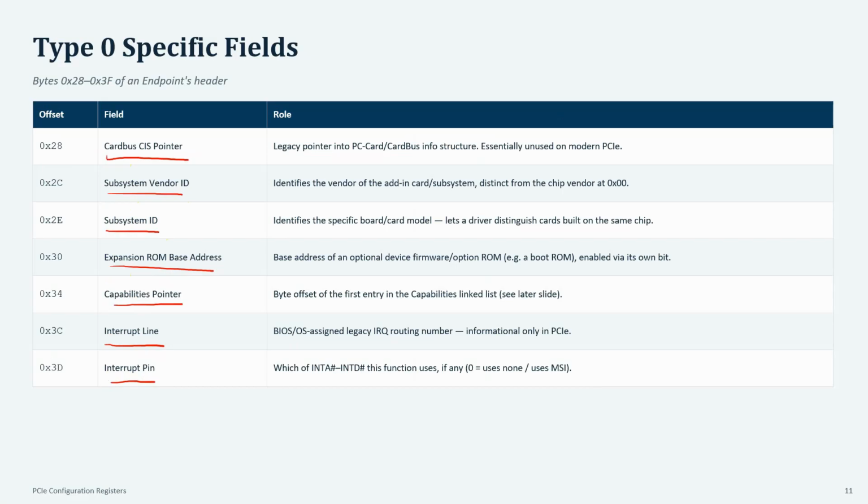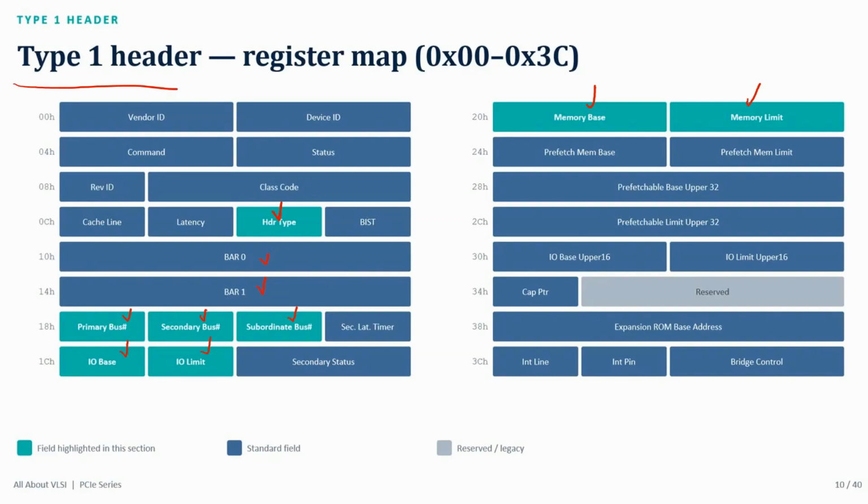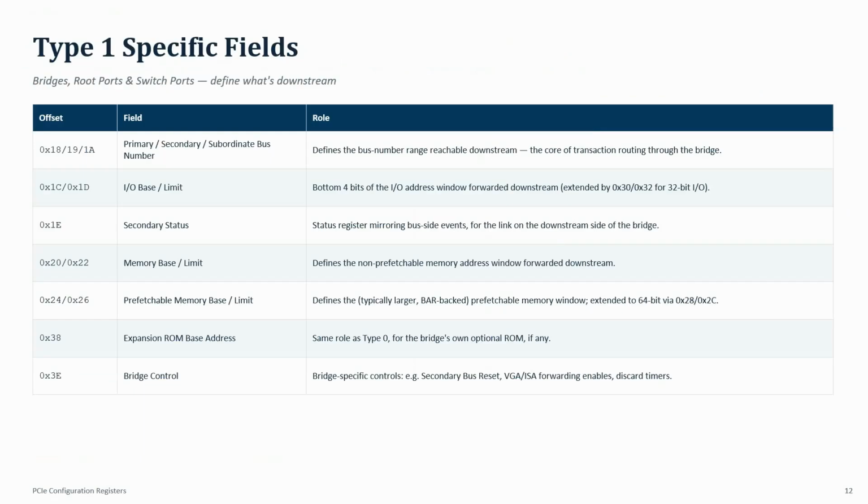After this, I have the type 1 header. As we have already seen, these are the different fields in my type 1 header, which is used only for bridges or root ports. In the type 1 specific header, we have fields like primary, secondary, and subordinate bus numbers, IO base and limit, secondary status, and so on.